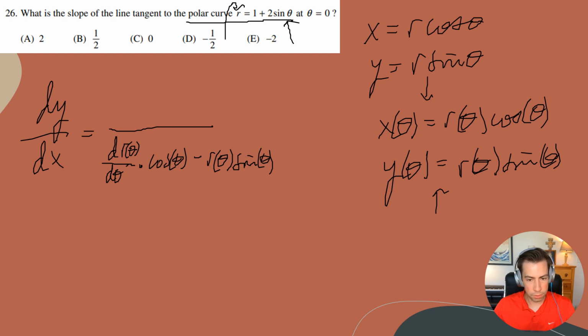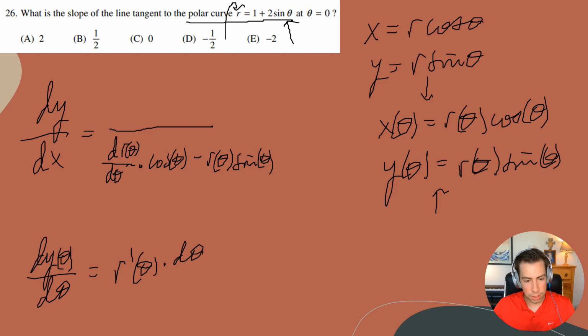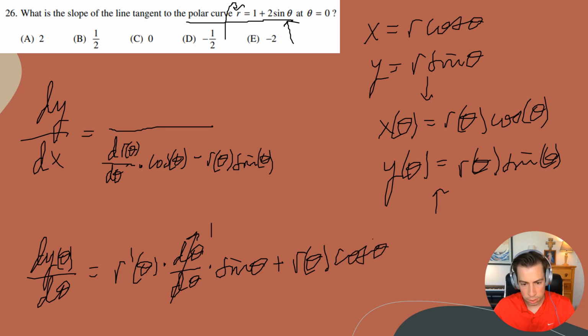So I will have dy of theta over d theta equals essentially the same thing: r of theta times d theta, which again just goes to 1, multiplied by sine of theta, plus r of theta cosine theta.